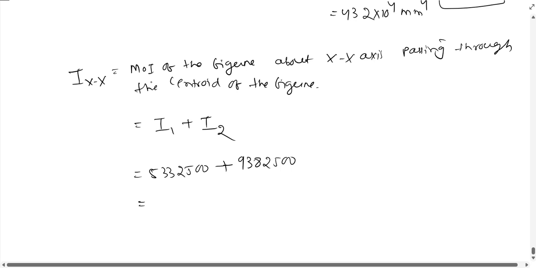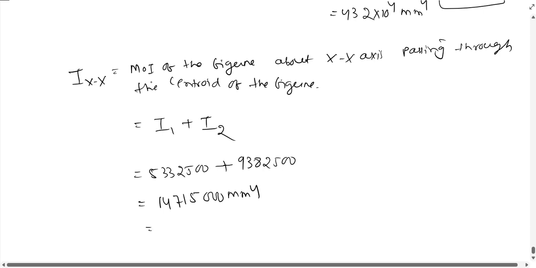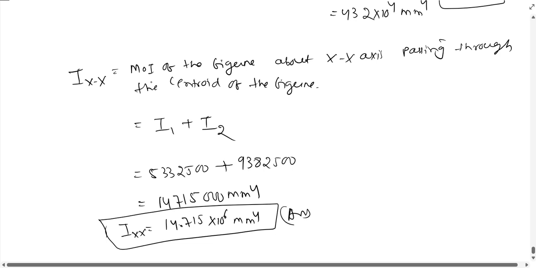So finally we will get 5332500 plus 9382500 equal to 14715000 mm to the power 4. We can also write it in another way, 14.715 into 10 to the power 6 mm to the power 4, which is Ixx and our answer. Okay, this is how we have to answer this question.